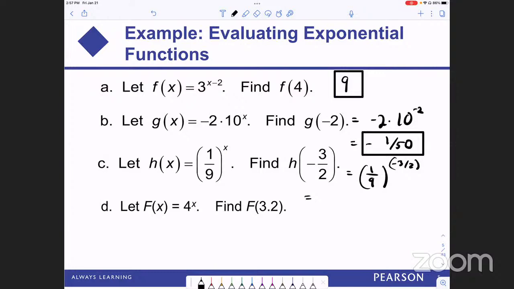So since we have 1 over 9, that's the same as 9 to the power of negative 1. A power to another power, we multiply. So that's essentially like a double negative and they cancel each other out. That's going to be 9 to the power of positive 3/2, which is the same as the square root of 9 cubed. The square root of 9 is 3, so that's going to be 27.